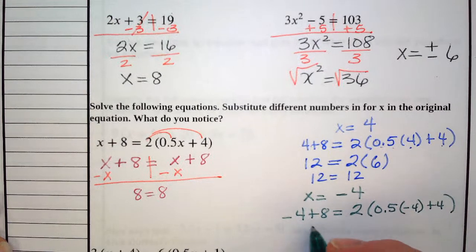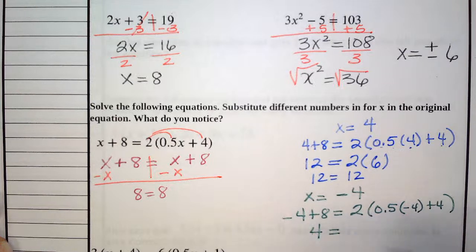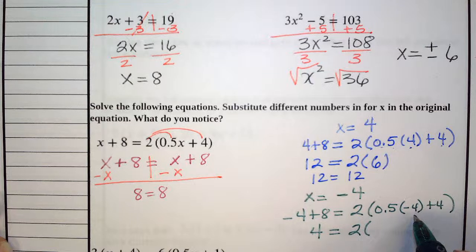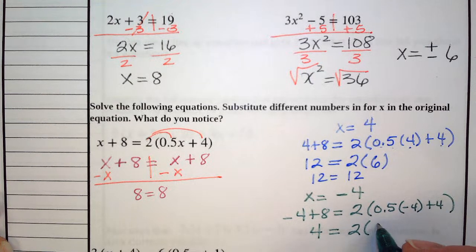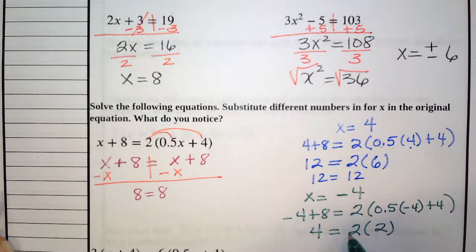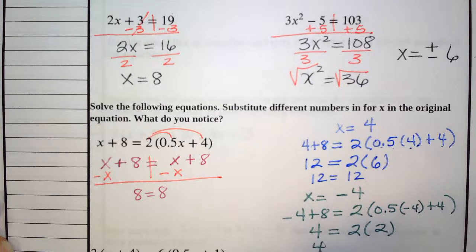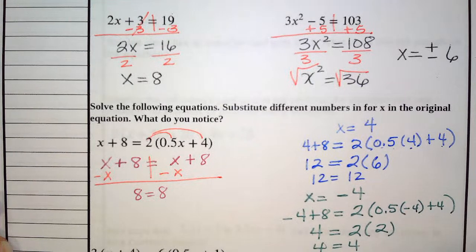Negative 4 plus 8 gives me 4, because 8 minus 4 is 4. 2 times. Okay, half of negative 4 is negative 2. Negative 2 plus 4 is positive 2. So 4 is equal to 4, and it happens.